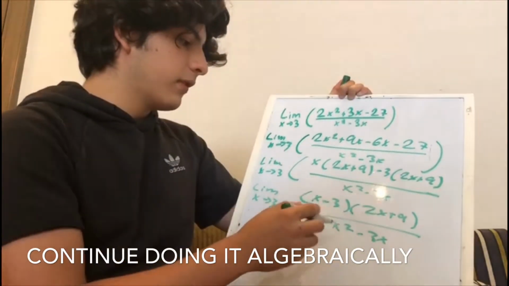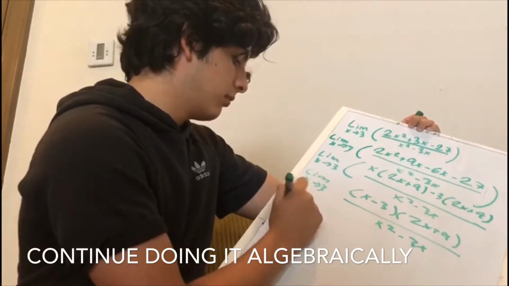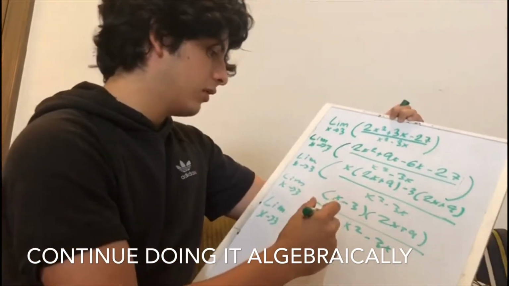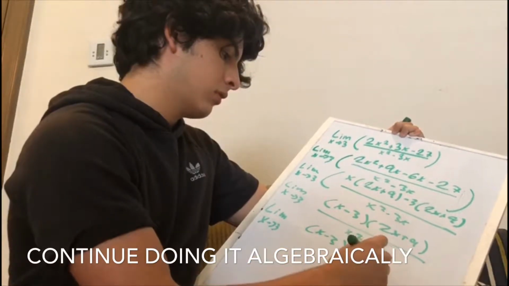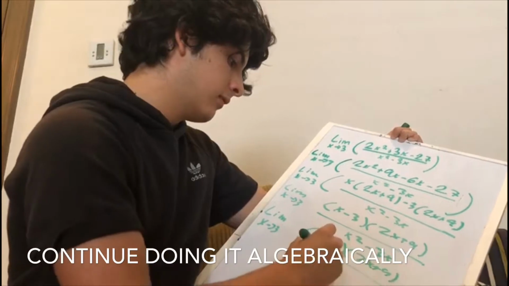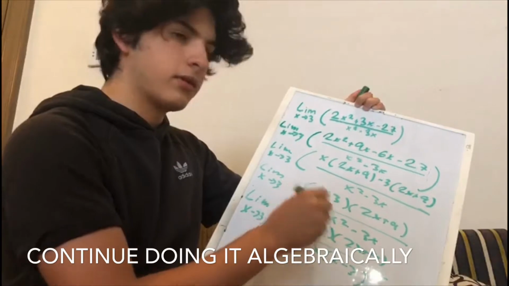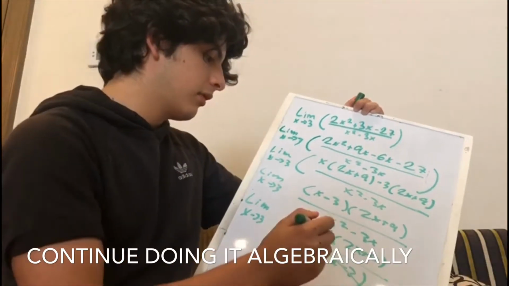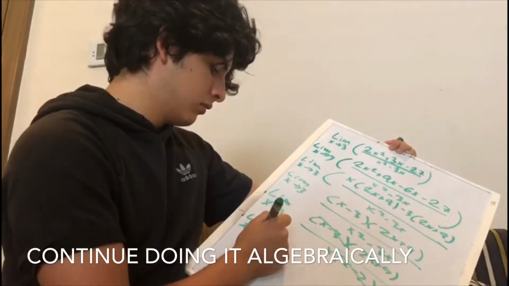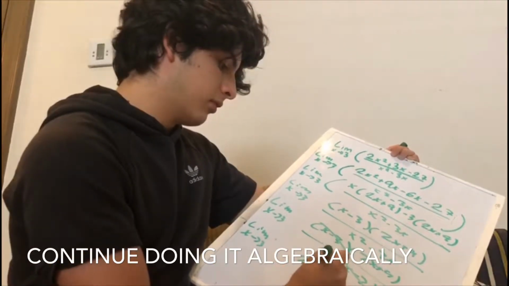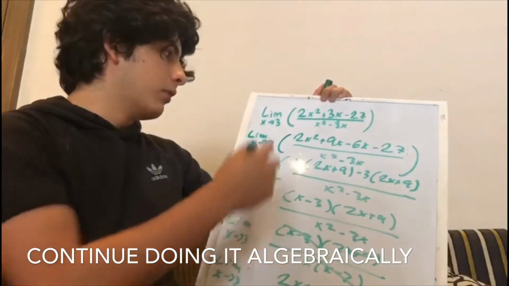We can factor the denominator further. We factor out the x, and we can factor these two. We cancel them and we get 2x plus 9 over x, and then we can evaluate with the 3.